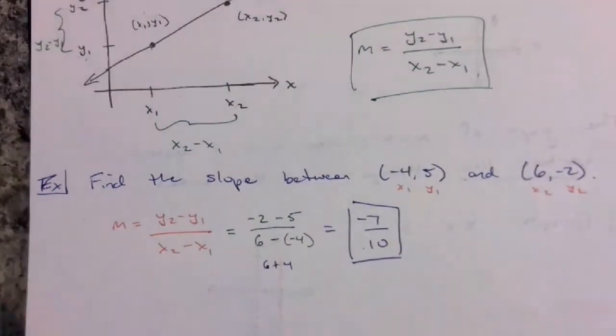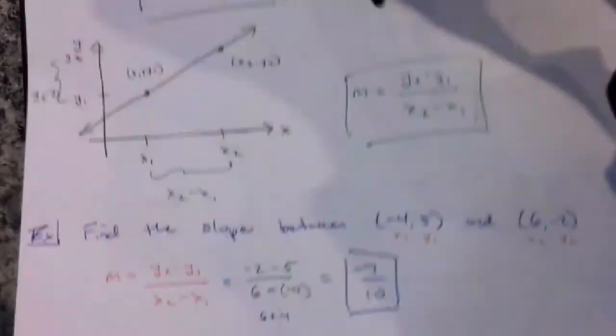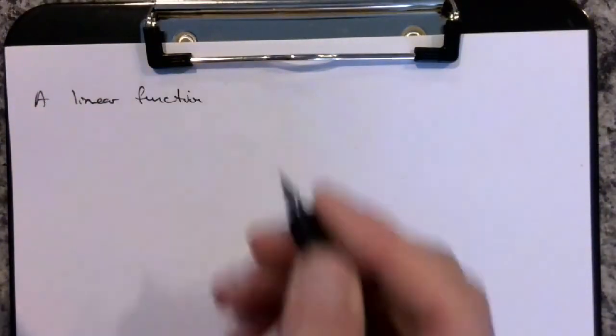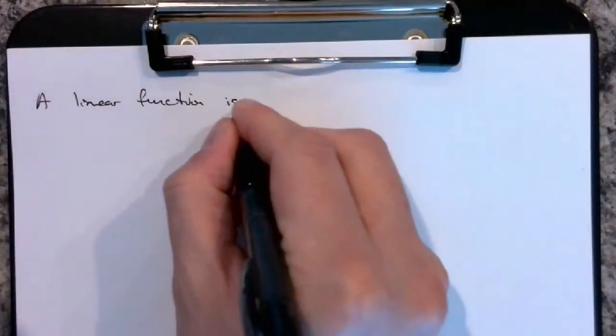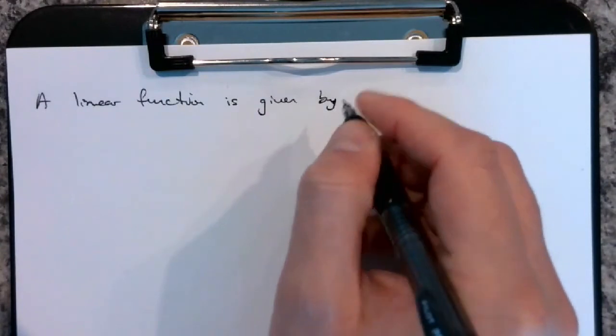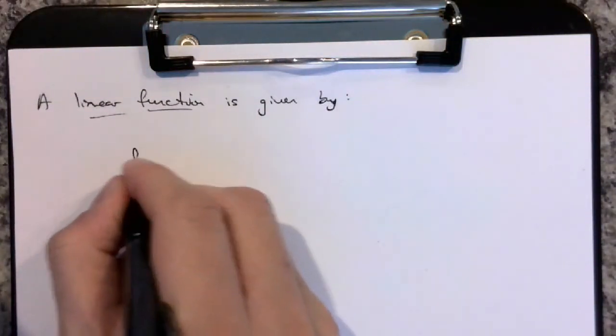All right, let's talk about a linear function. So a linear function is given by, and since we're talking about functions here, I'll write it as f of x.